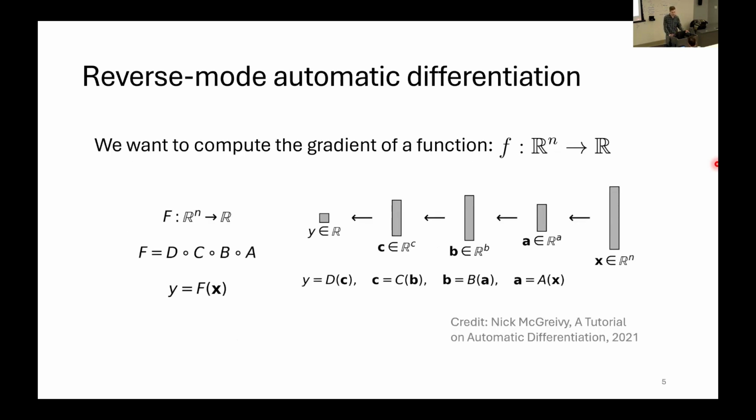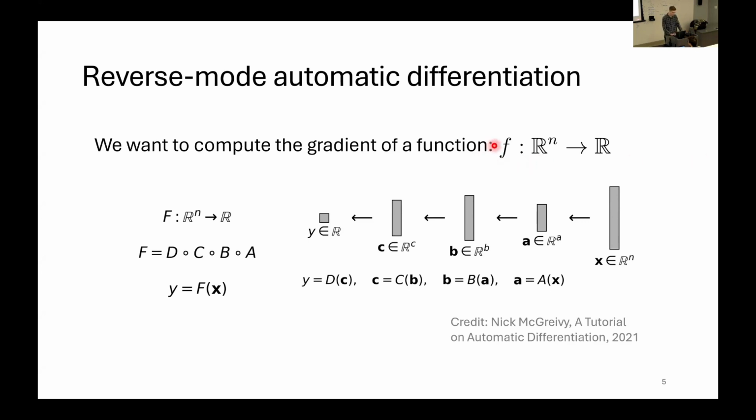Now let's get a bit more into detail about backpropagation. Another name, maybe not as catchy, is reverse mode automatic differentiation. This is what we can call backpropagation, and I will just use slides from Nima Gravy, from a tutorial we did on automatic differentiation, because it's a really nice slide to explain what I want to show.